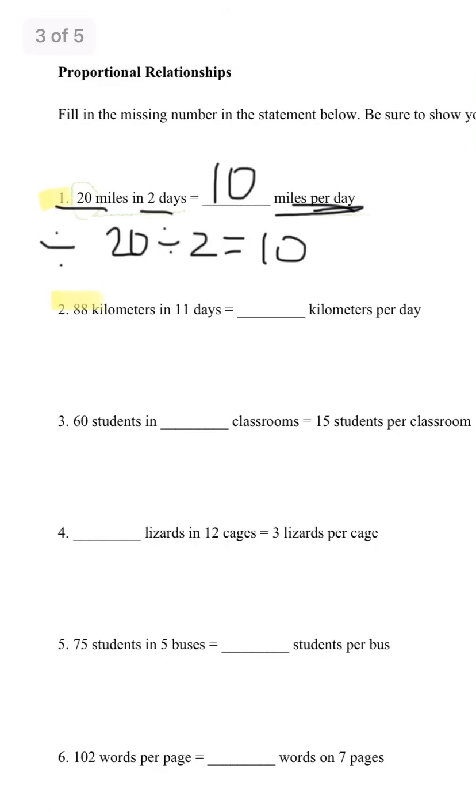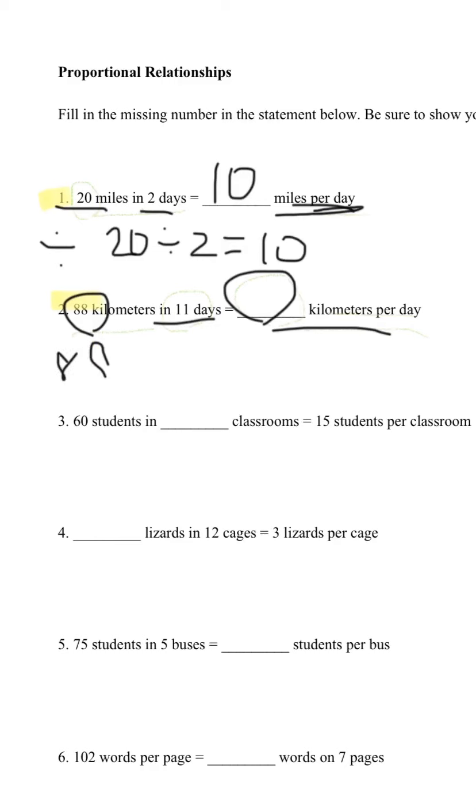Okay, let's look at number 2. It says we're going 88 kilometers in 11 days. So how many kilometers are we going per day? Again, it's all about dividing. So then what do we divide? 88 by 11, right? Because we have to figure out how many kilometers we go per day.